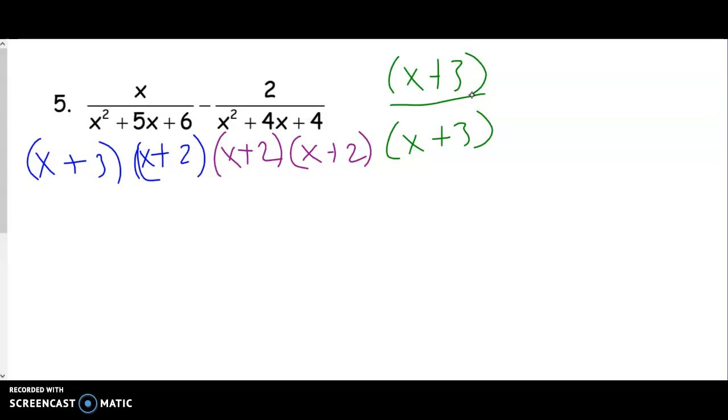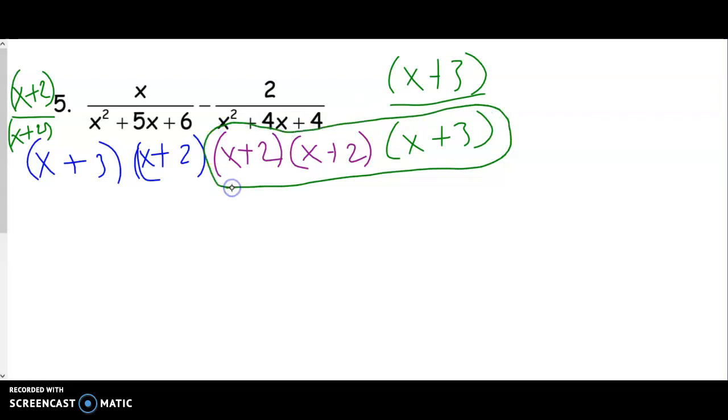The one on the left, we need to introduce x plus 2. So our denominator is going to be the product of these 3 binomials. So that's going to be my denominator.